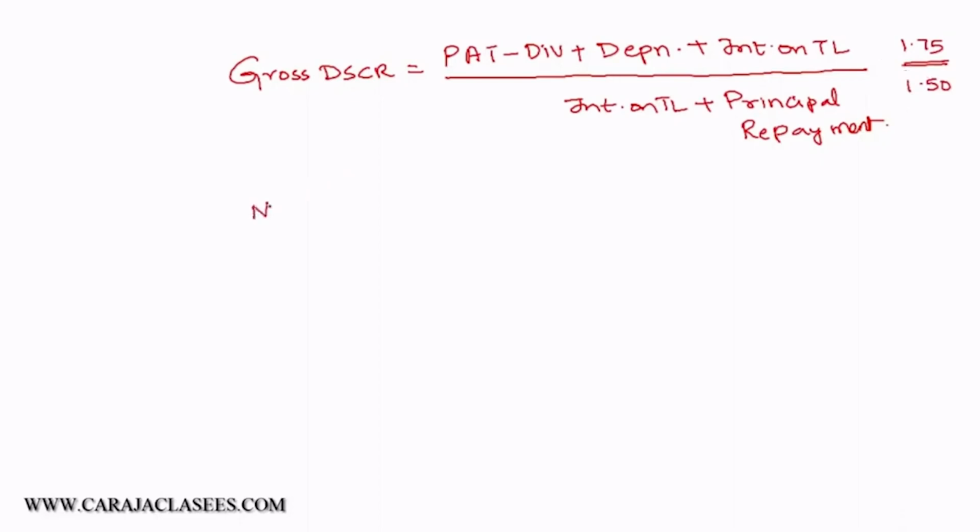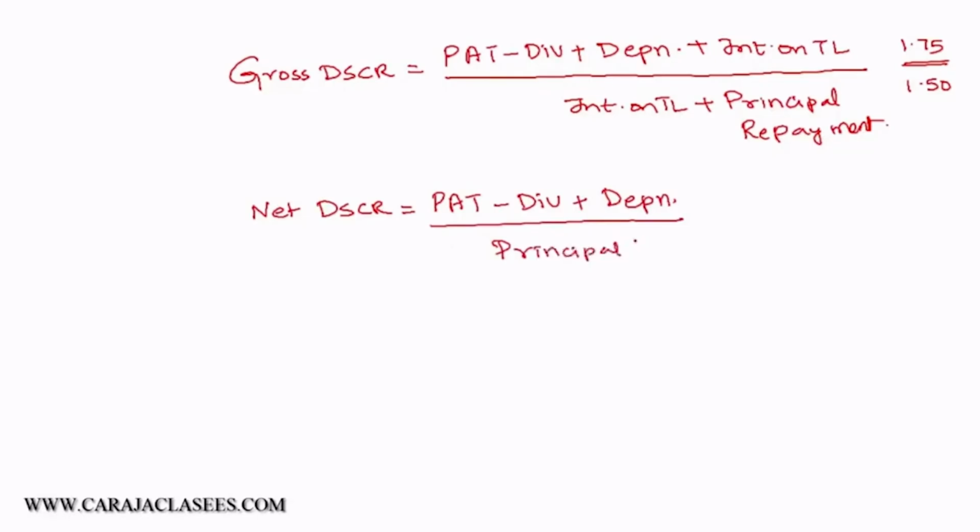Then comes net DSCR. What is net DSCR? Here focus is on the cash flows that are available for servicing the principal. It means we'll take PAT minus dividend plus depreciation divided by principal repayment. In general, this net DSCR will always be greater than gross DSCR, because gross DSCR is also looking at the servicing of interest, whereas here from these cash flows we are focused only on servicing of principal.